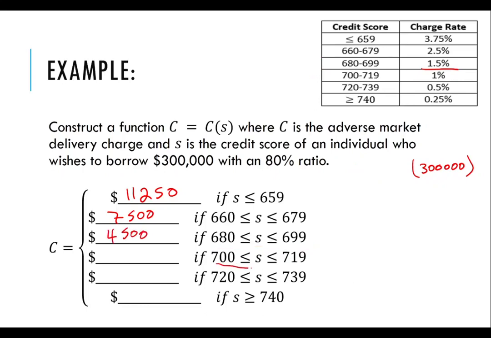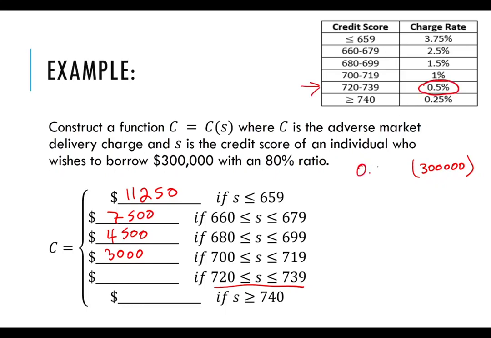Then when the credit score is between 700 and 719, this is the charge rate. So that's going to be 1% or 0.01 times 300,000, which is going to leave us with 3,000 being the charge. Then when the credit score is between 720 and 739, we're using this charge rate 0.5%.